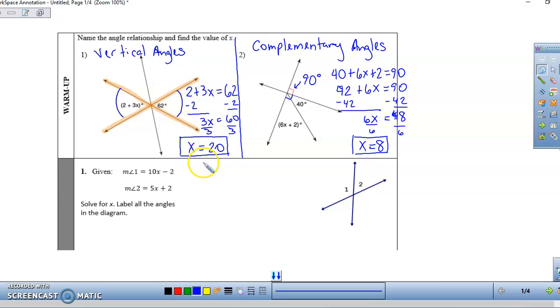So first of all, there are some steps that you generally want to take for all of these types of problems. So let's just write down a couple of things. Okay, first of all, you always want to label the picture.